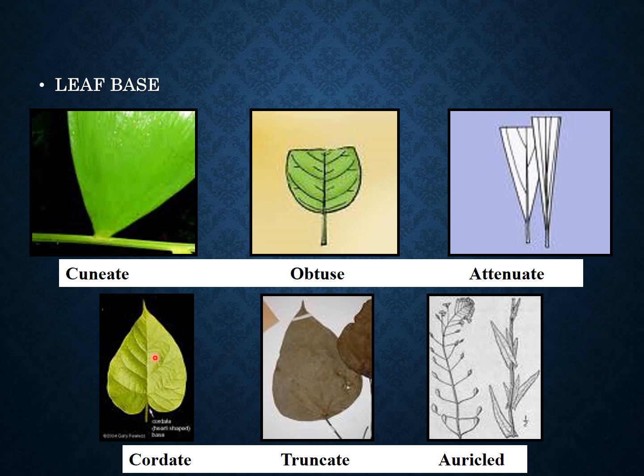Cordate is the heart shaped base having rounded lobes on both sides of the petiole, and truncate means the base of the lamina is abruptly straight, flattened, forming a right angle with the petiole. And auricle base means a base with ear-like lobes. These are especially found in sessile leaves partially covering the stem.